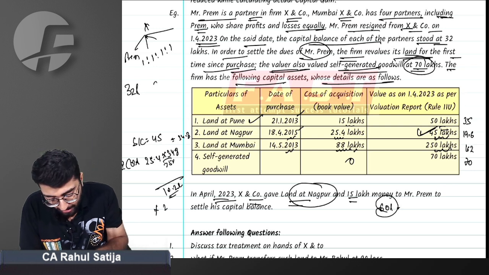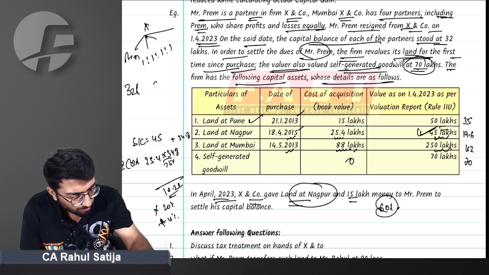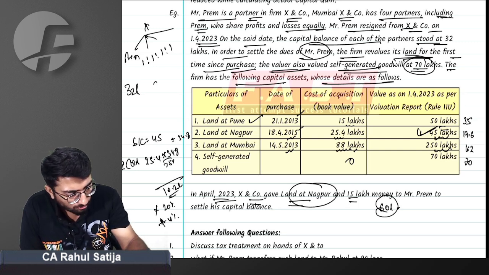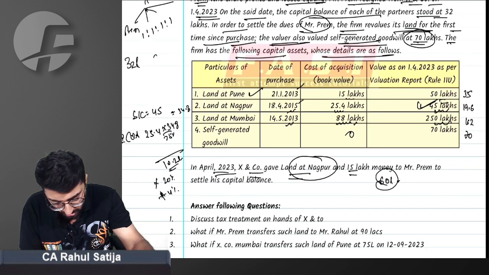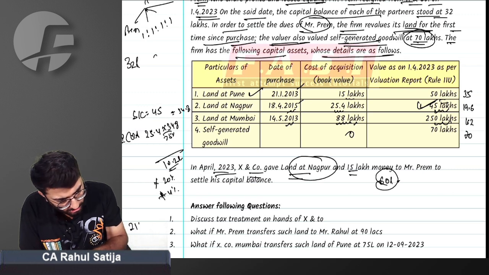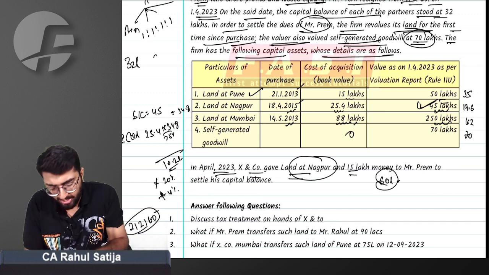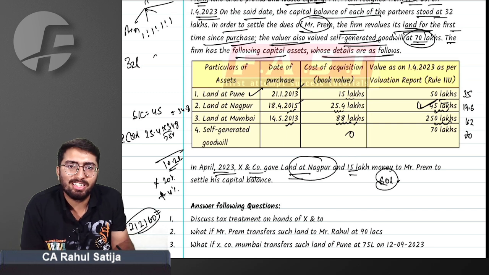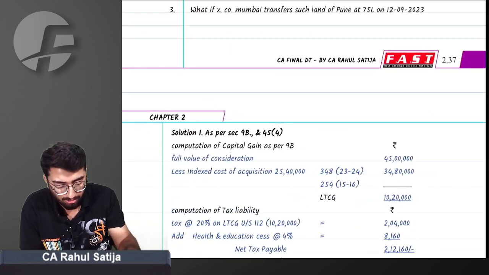So 10.2 lakh multiplied by 20% plus 4% cess gives the tax liability of 212160. This would have been the tax liability in the hands of the different partners, also in the hands of the firm.